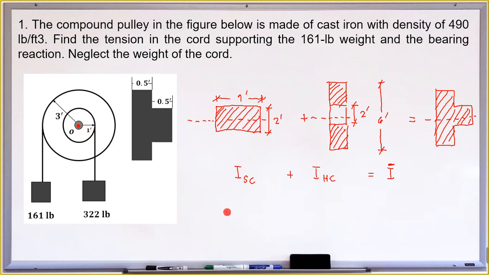Remember the formula for the mass moment of inertia for a solid cylinder: 1/2 the mass of this solid cylinder times the radius squared, plus 1/2 the mass of this hollow cylinder times the larger radius squared plus the smaller radius squared, that is equal to the centroidal mass moment of inertia.